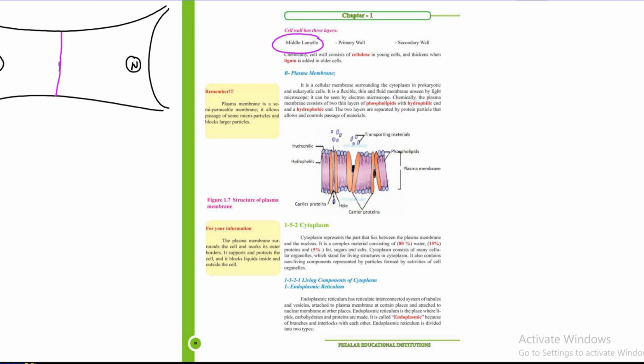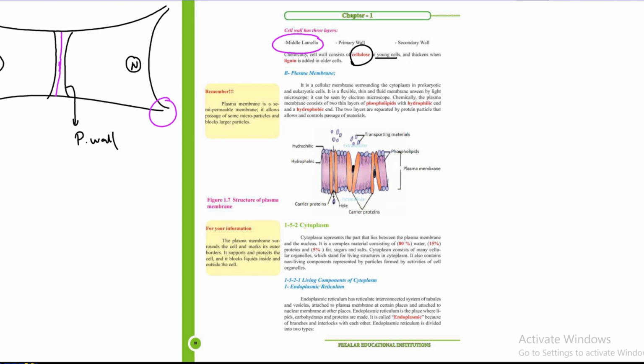But as plants age, we cannot identify this middle lamella, only on the edge of cells can we identify it. As the middle lamella is completed, each of the cells builds its own wall. This first produced wall, we call it primary wall, and it consists of only cellulose and is found in young plant cells.